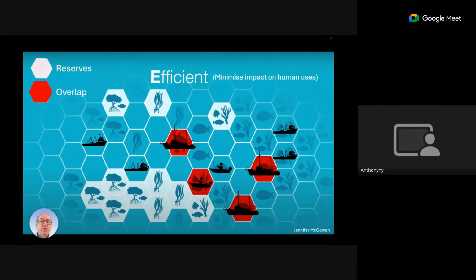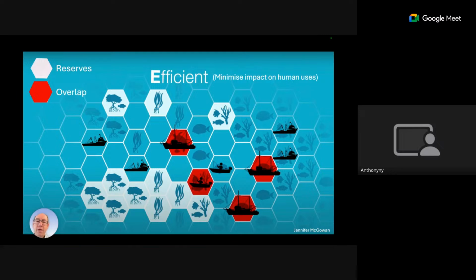Okay, and I just wanted to highlight this efficient part of things, which is trying to minimize the impact on human uses. And this could be shipping or mining, or on land it could be agriculture or towns, etc. But when we put protected areas somewhere, you want to minimize this impact on people. So here in white, I've got reserves, and in red, the overlap.